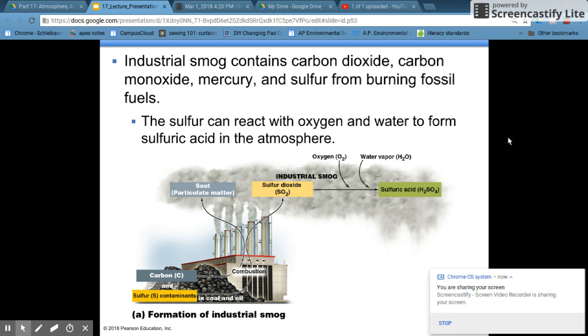Sulfuric acid is a concern then as acid rain. Here you do need to know the basic chemical formula. Just know that sulfur dioxide plus oxygen plus water is going to make sulfuric acid, and that it's a concern as acid precipitation.